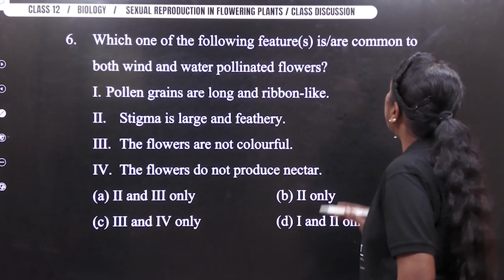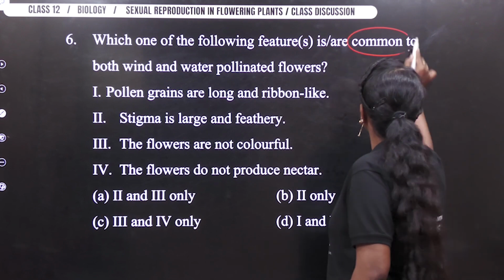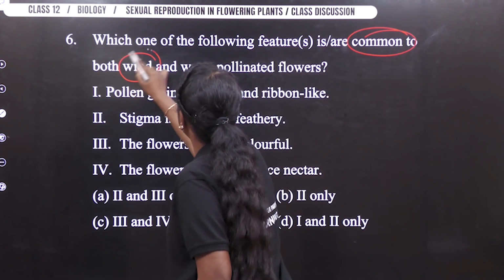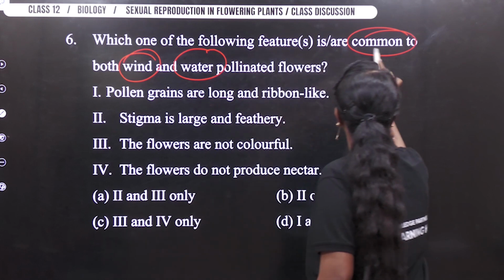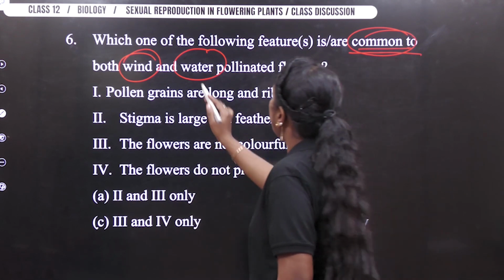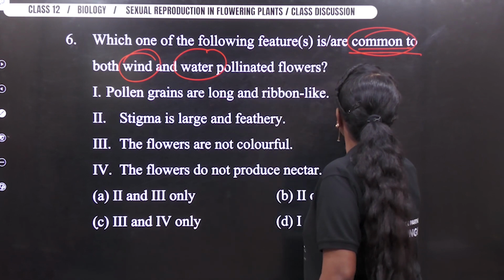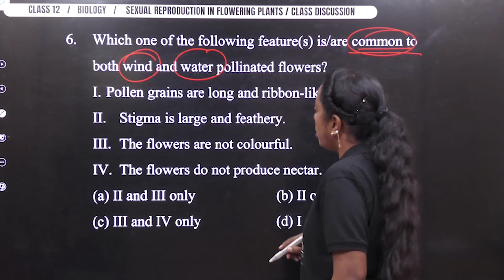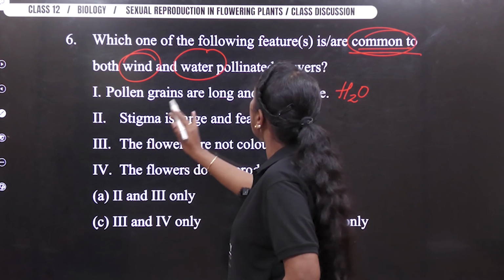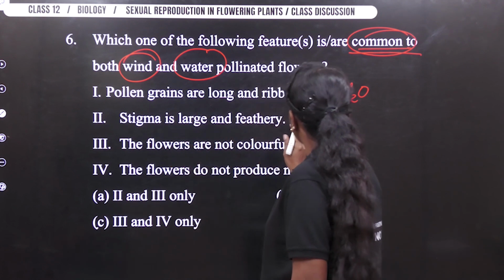Which one of the following features is common to both wind and water pollination? So he is using the word common. Now, the first says pollen grains have long ribbon-like shape. This only specifies water pollination, hydrophily. Stigma is large and feathery for both.